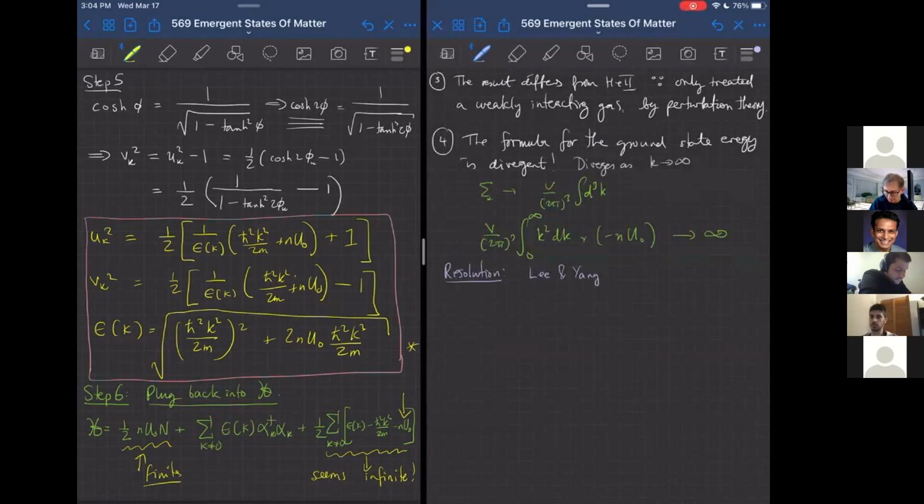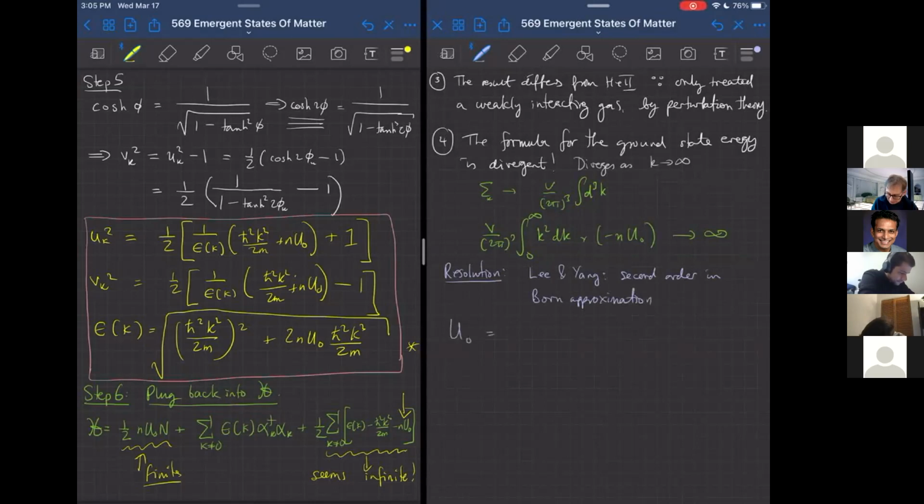But she didn't get the Nobel Prize, but she should have done. Anyway, Lee and Yang were the first people to do this, and they showed that if I go to second order in the Born approximation, then what you get is this.